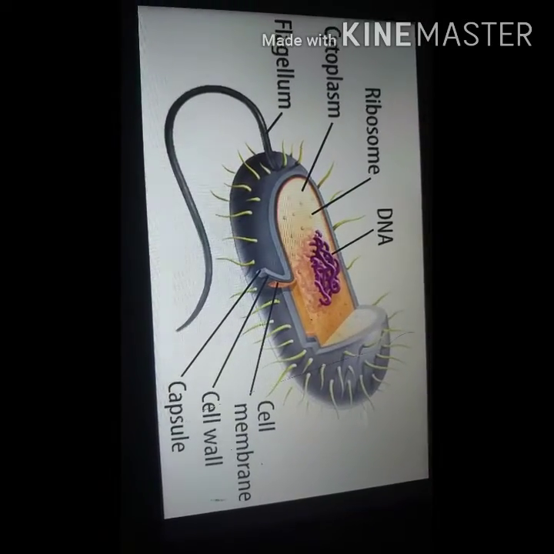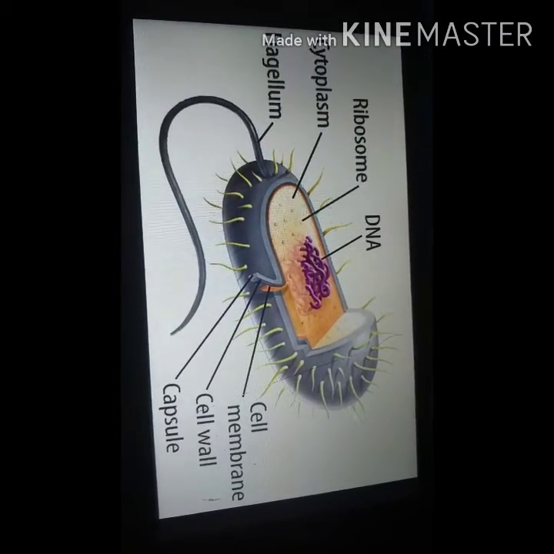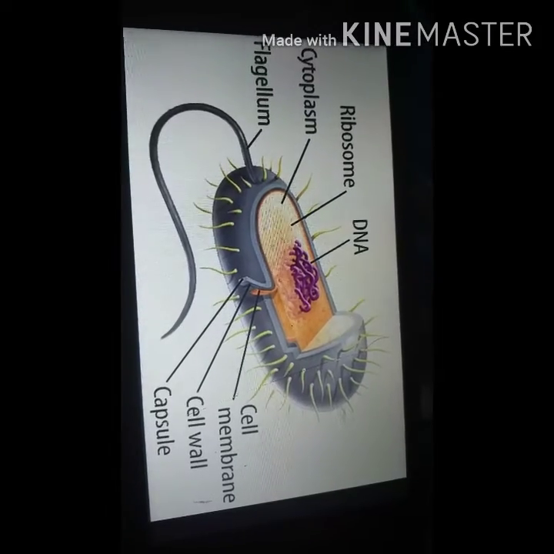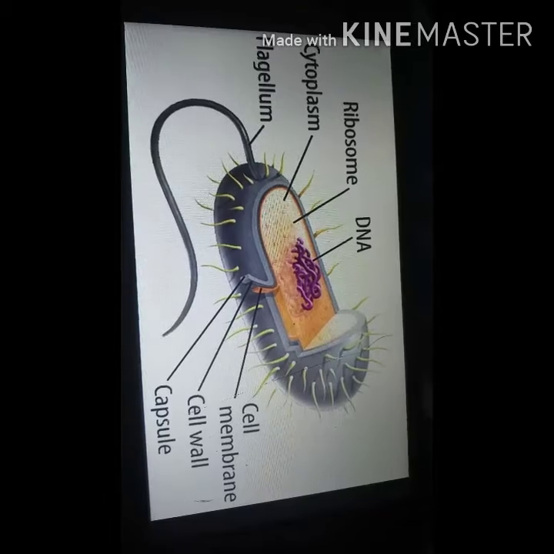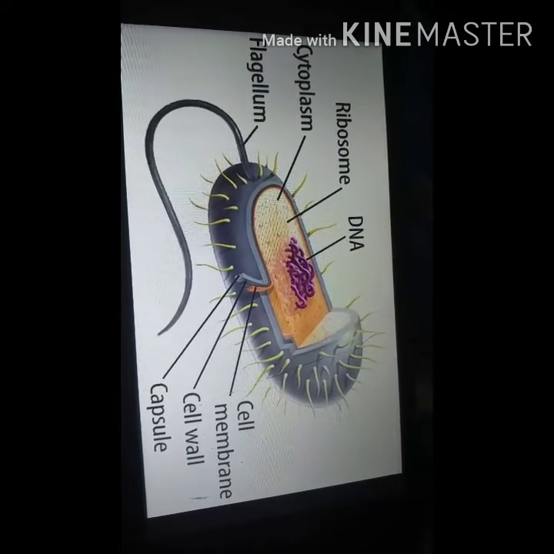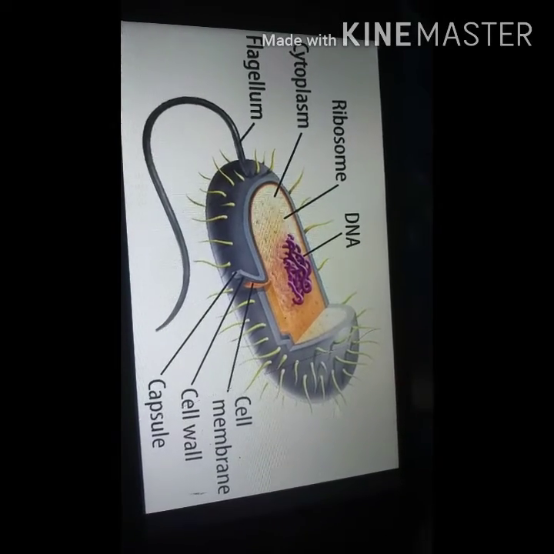Then the DNA is an irregularly shaped region containing all or most of the genetic material. This length of the DNA chromosome is very large compared to the dimensions of the cell, and so must be compacted to fit.